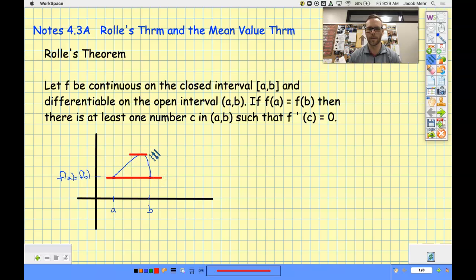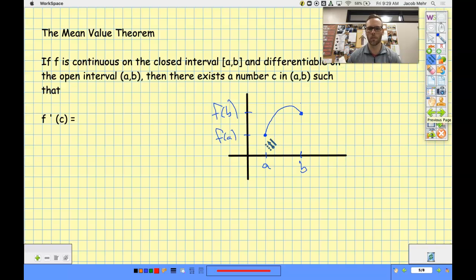But a derivative equal to 0 creates a tangent line that's parallel to the line connecting these 2 points. In the mean value theorem, if I connect those 2 points with a line, there has to be a c such that the slope at c is equal to the slope of the line between those 2 points.